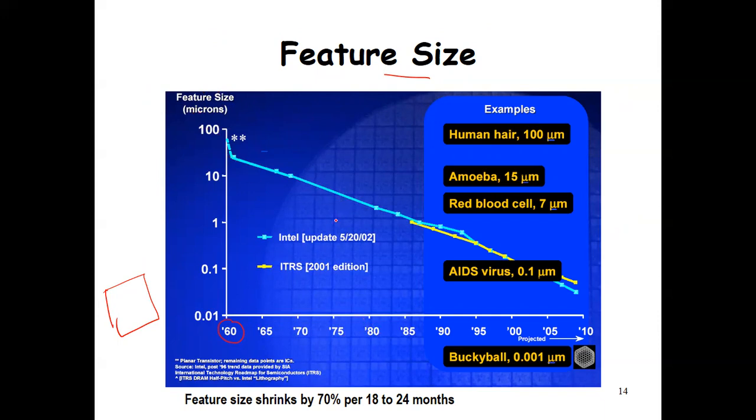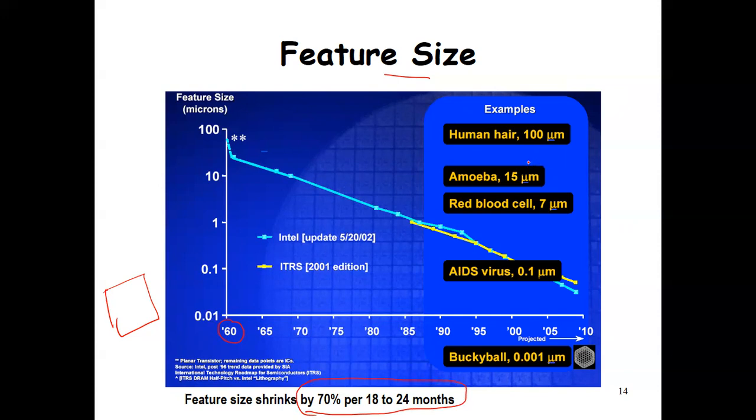So it keeps on reducing over a period of time, from 60. The feature size shrinks by 70 percent per 18 to 24 months. That's what is shown here in an example.